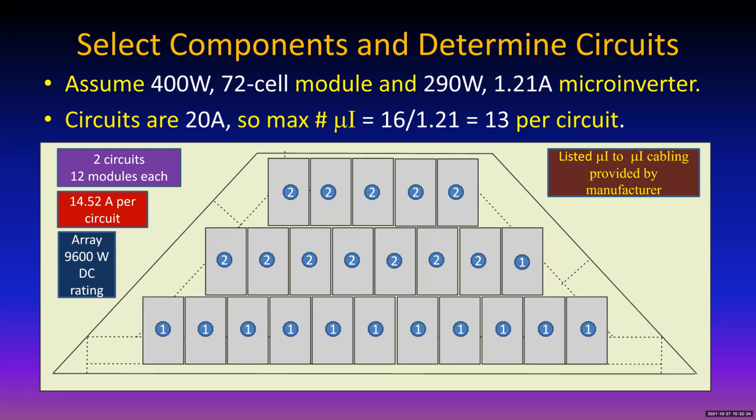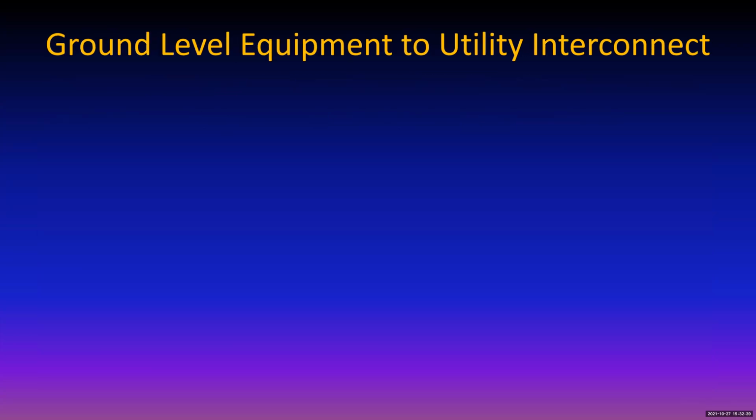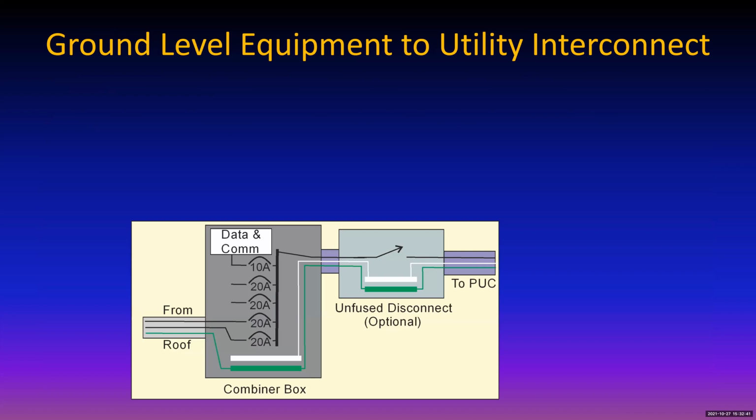The microinverter cabling is provided by the manufacturer, and the circuits are fed to the combiner box at ground level. We showed that in the diagram. And so here we go. What are we going to do when we get down from the roof?